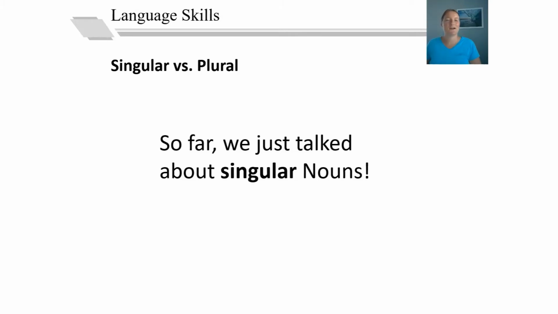Okay, so far we have just talked about the singular nouns. When you have one rabbit, when you have one house, when you have one bag, whatever, only one. Singular nouns. What happens when we have more than one, when we have the plural form of the nouns?